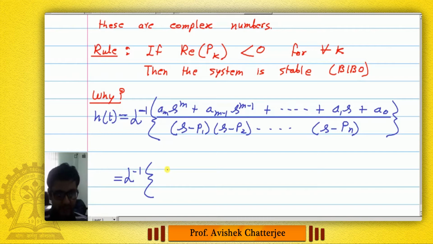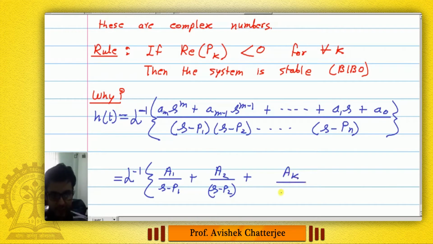In this way, something like A1 divided by (s minus p1) plus A2 divided by (s minus p2) plus, say, Ak divided by (s minus pk).